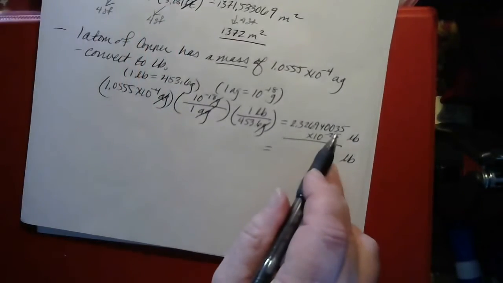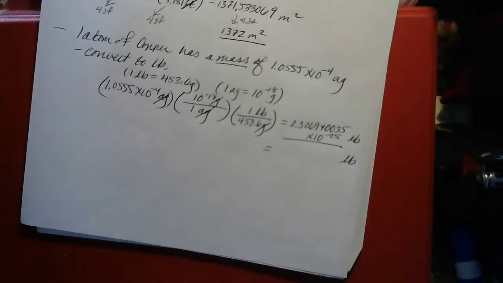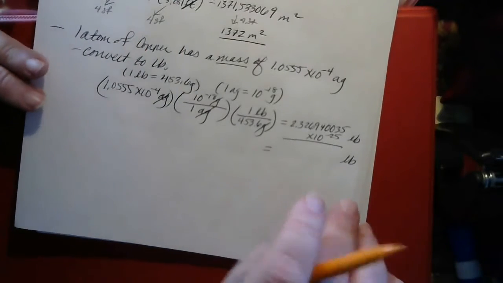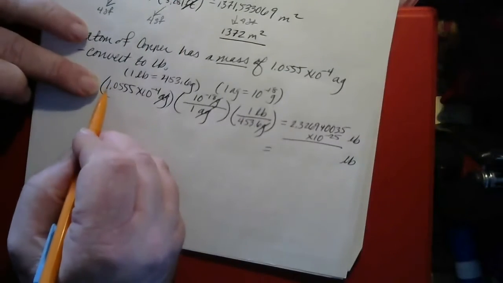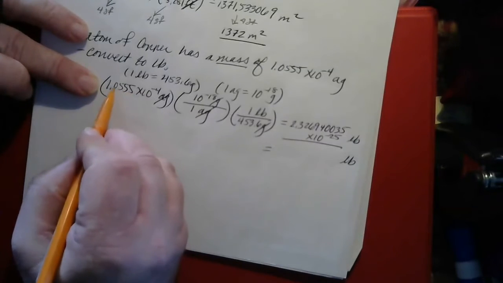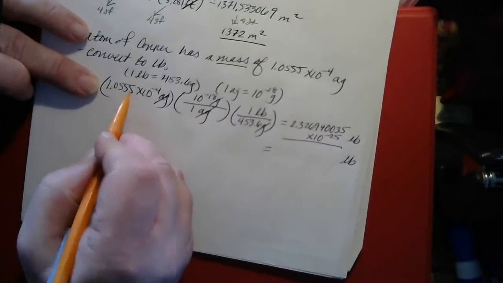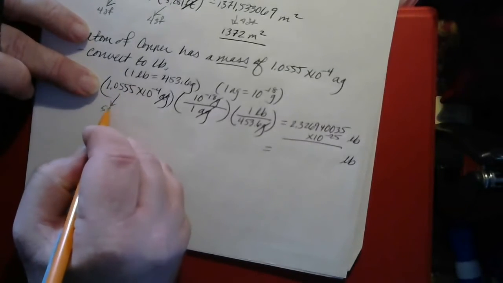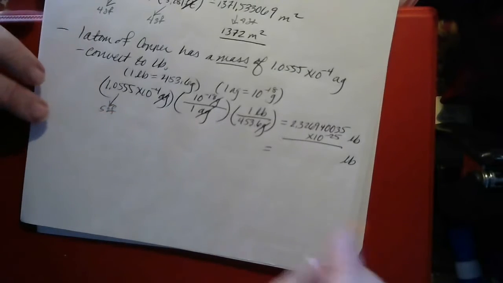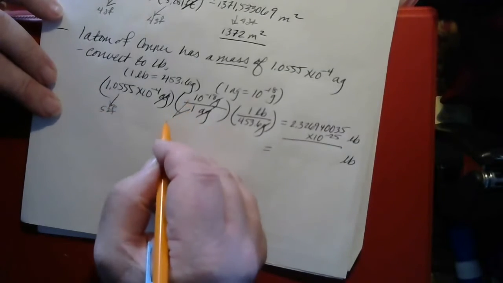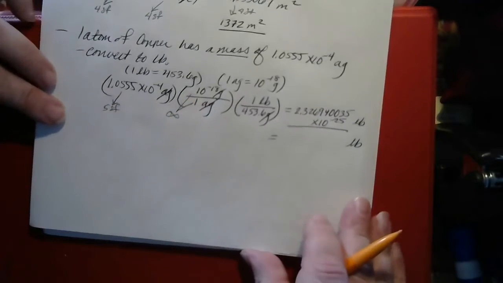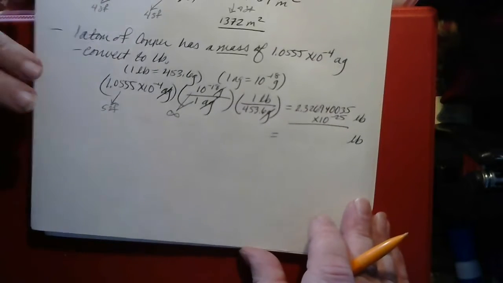As you might guess, that's too many significant figures, so we're going to have to find out how many we should have. 1.0555, that's 1, 2, 3, 4, 5 significant figures. The conversion between grams and attograms is within the metric system, so both those numbers are infinite.